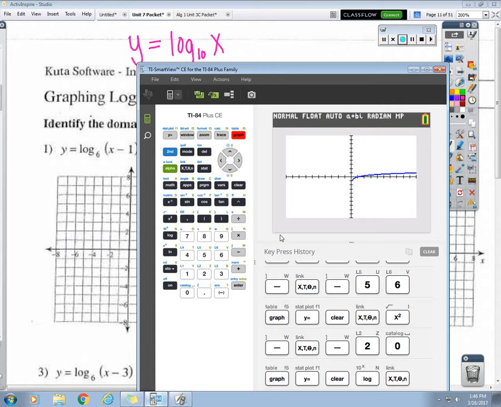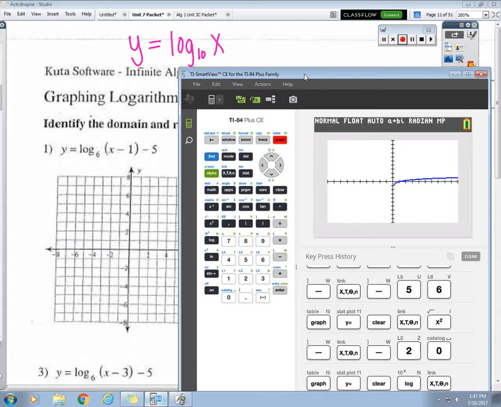Now, what you cannot see, the calculator for some reason just doesn't continue drawing it, is that see how right here it makes this turn? It actually keeps going down the y-axis. The calculator doesn't continue drawing the line, but it continues going. Otherwise this just looks like a square root function, right?